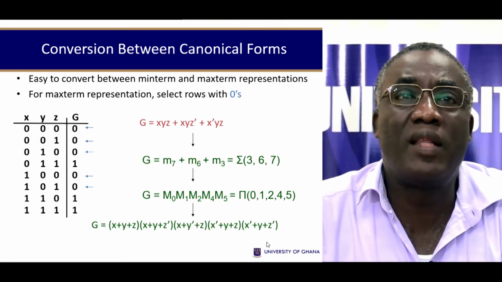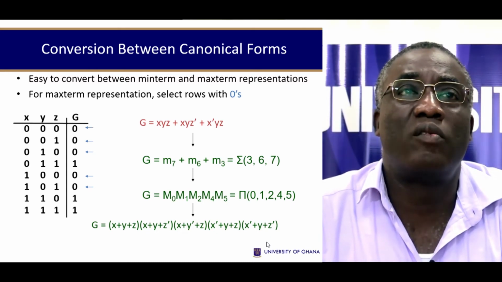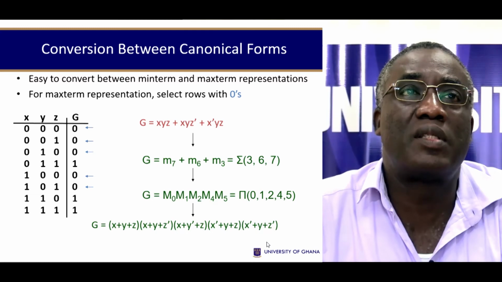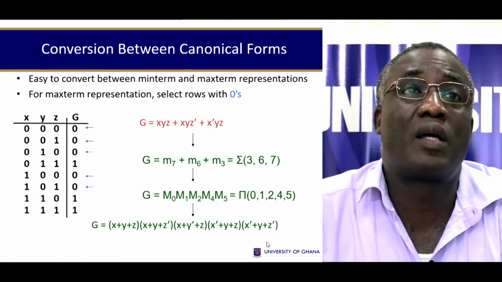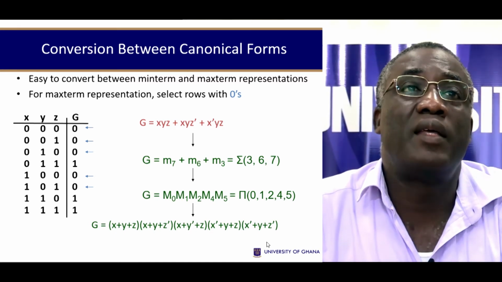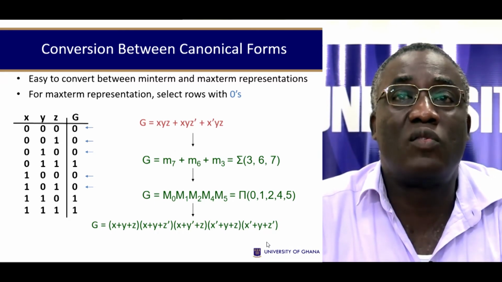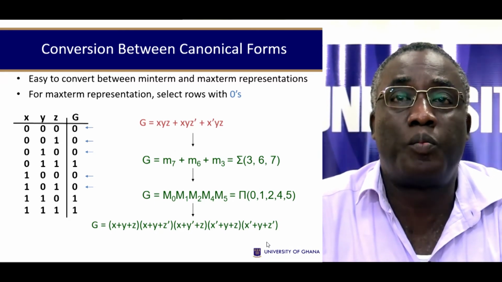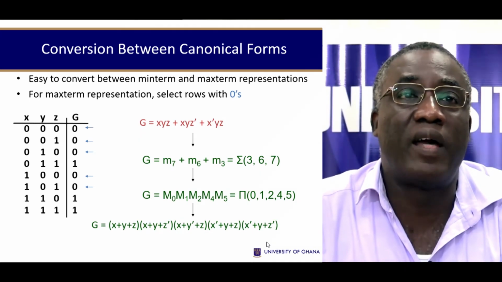So we write that as a product term, a P term, right? So in this case, the max term is capital M0, capital M1, capital M2, and then capital M4 and capital M5. So that's the same as the product of 0, 1, 2, 4, and 5.